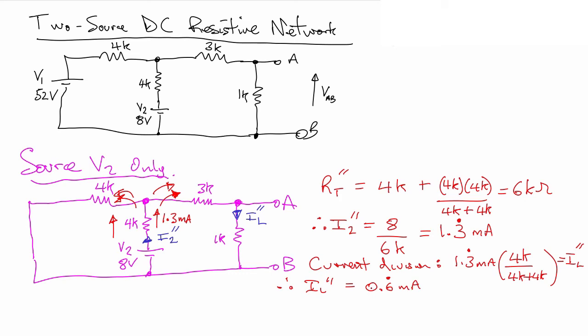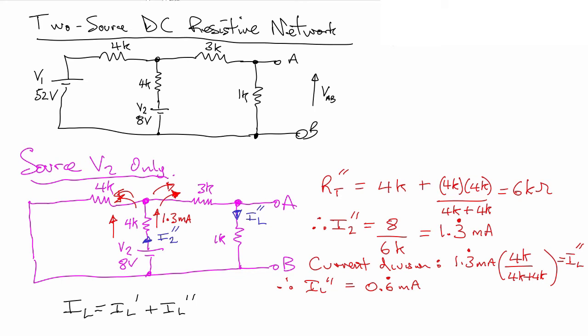Now superposition says take those two answers which you got. We got IL single dash 4.3 recurring milliamps, and IL double dash as 0.6 recurring milliamps. We can therefore say finally IL is equal to IL dash plus IL double dash.